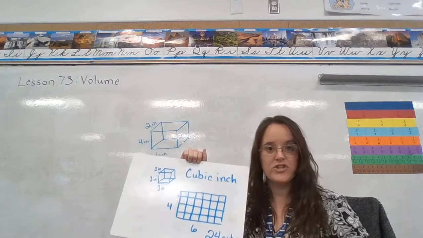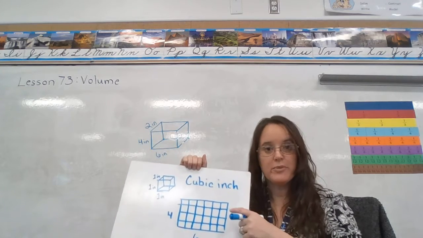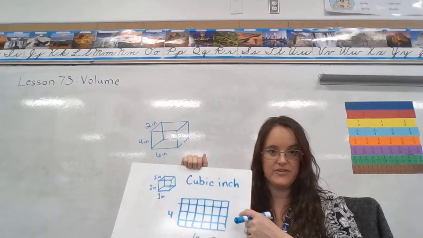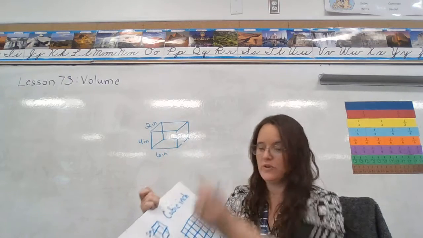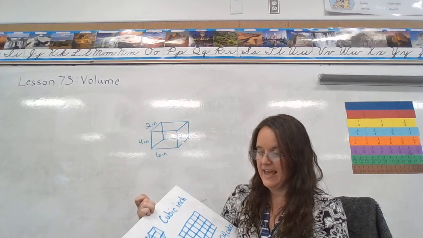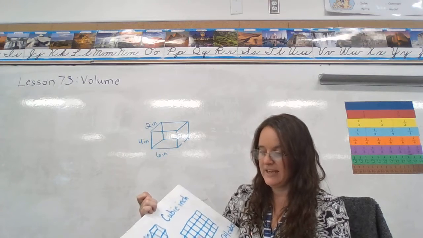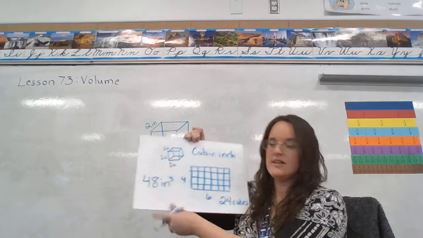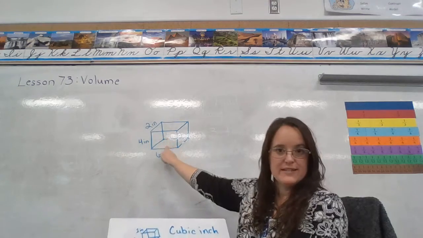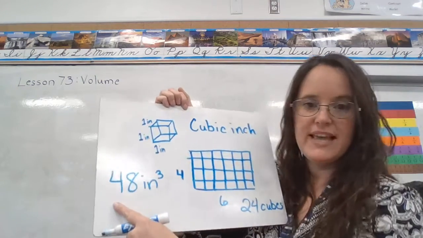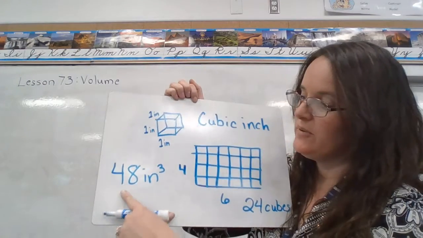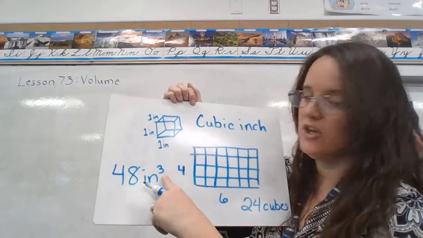Remember, they're 1 inch deep. So I could put 2 of these layers inside there. That means it would take me a total of 48 cubic inches to fill up this box. And here's how we write it. Just like when we did square inches, we write 48 inches cubed.